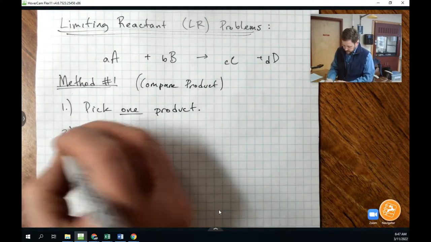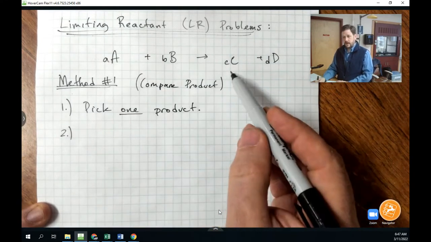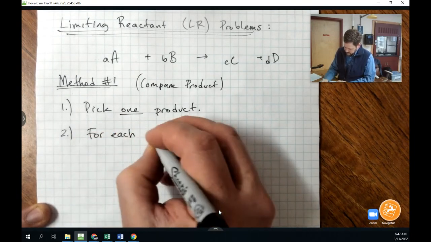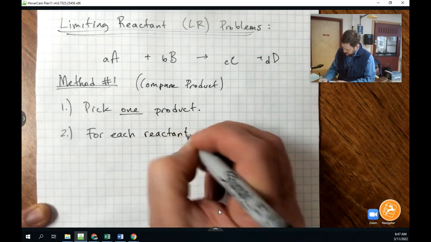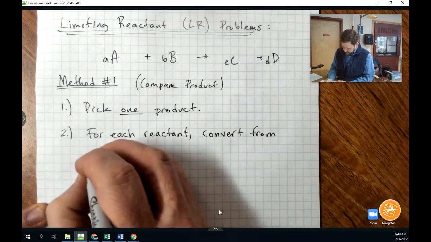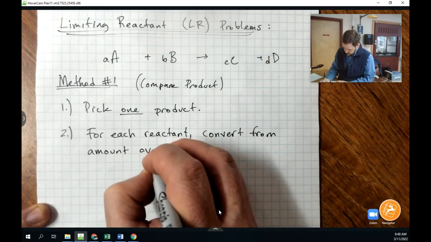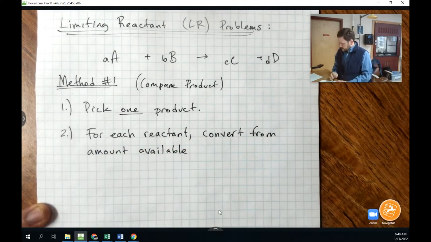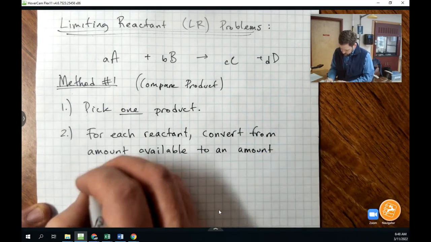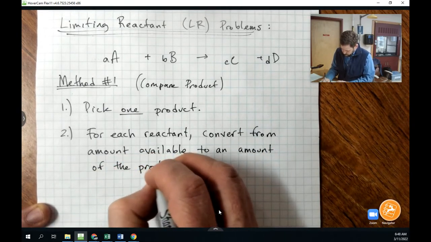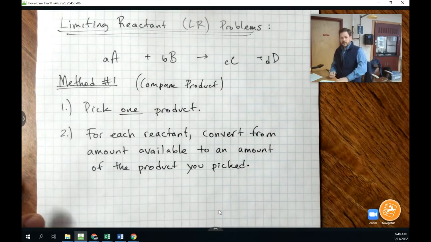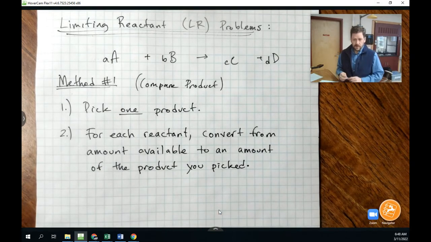The next step is to figure out how much product C will make from the available amount of A and how much we'll make from the available amount of B. So for each reactant, convert from amount available to an amount of the product you picked.